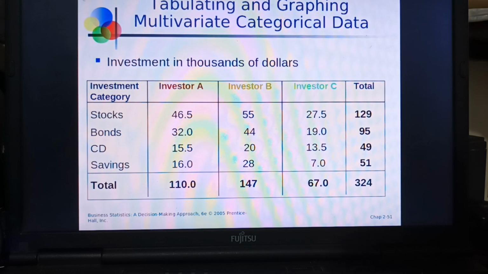Just for our example, we have three investors, Investor A, B, and C. For their combined total, for stocks 129, for bonds 95, for certificate of deposit 90, total of 99, and for savings a total of 51.